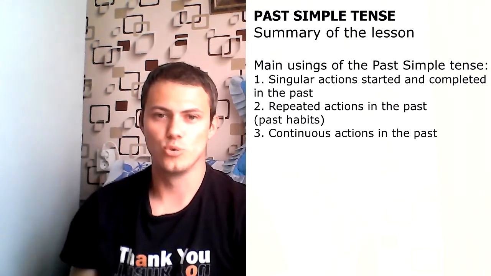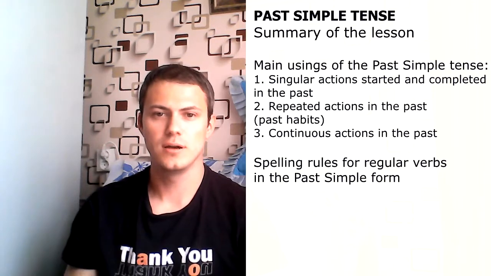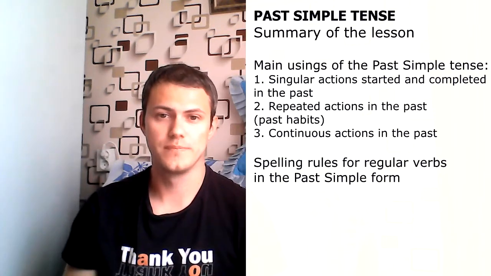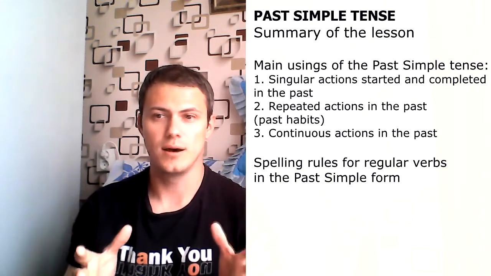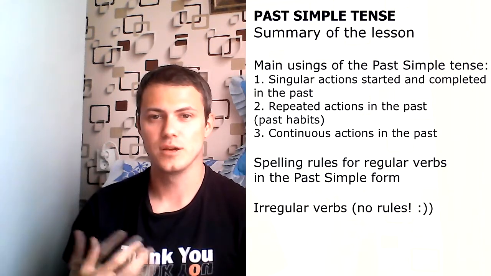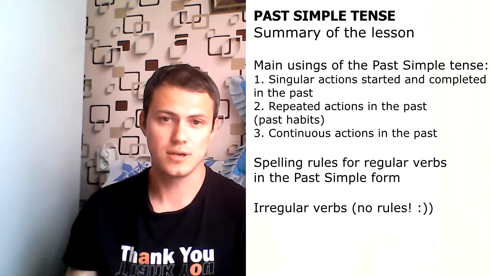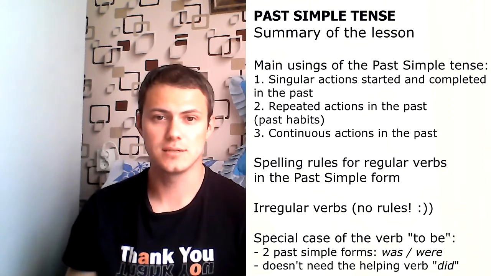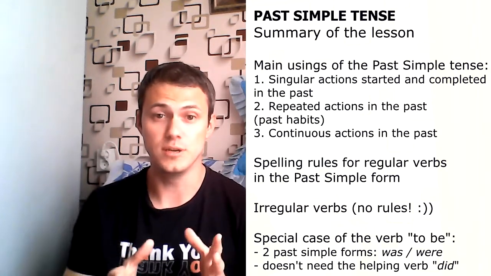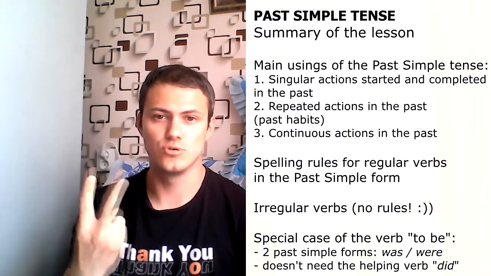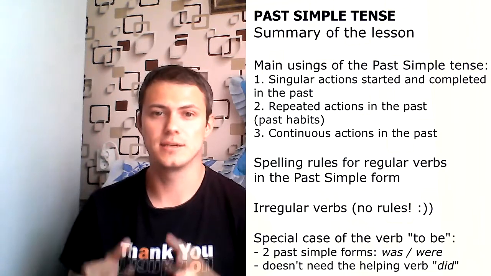Also, we broke down the spelling rules of regular verbs in the past simple form. We talked about irregular verbs and we talked about the special case of the strongest verb to be that has two past simple forms, was and were.